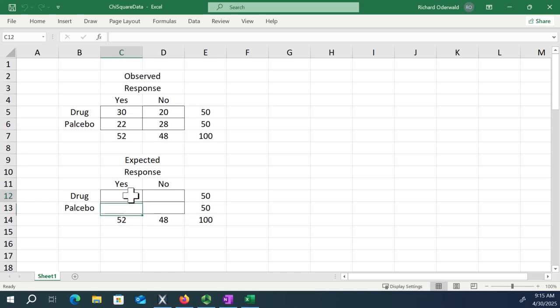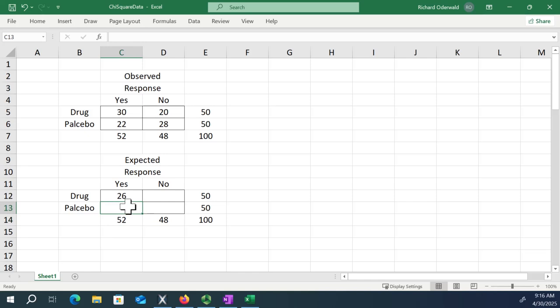So that this cell is equal to 50 times 52 divided by 100. We expect half to be in there. There's 52 people in there, so 26 would be expected to have responded to the drug if it's just random.